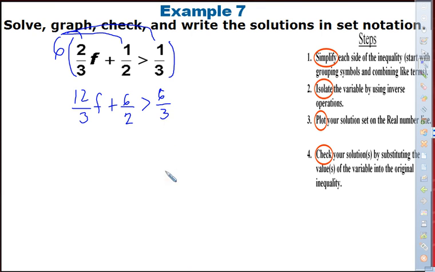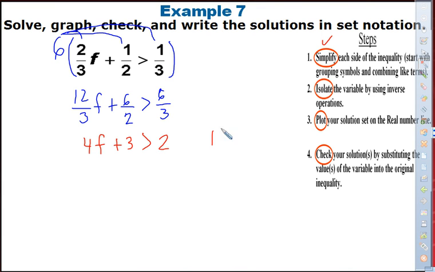Tell your neighbor what stays the same. Okay, so we're still on step 1, simplifying. This is 4f plus 3 greater than 2. Does this look familiar? Yes, we know what to do from there.